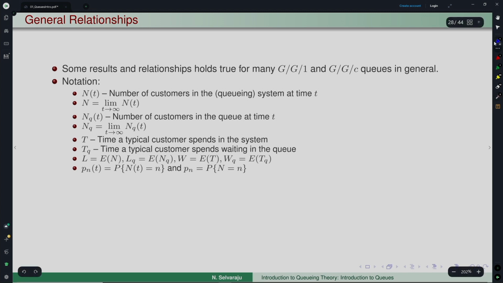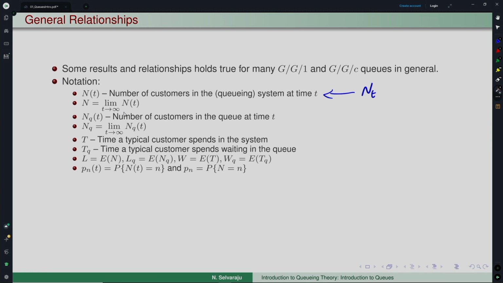Sometimes instead of N(t), you might also write N subscript t just for notational convenience, because you don't need to write one more bracket. This would mean exactly the same thing. And this is a random variable in some limiting sense, so one needs to make sense of what this limiting means.